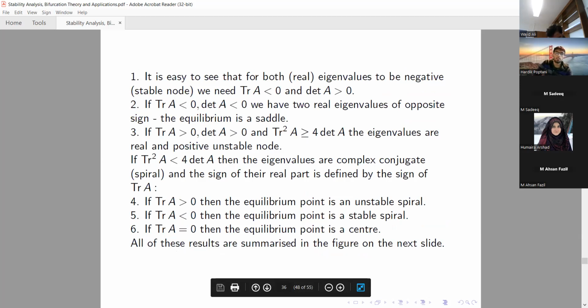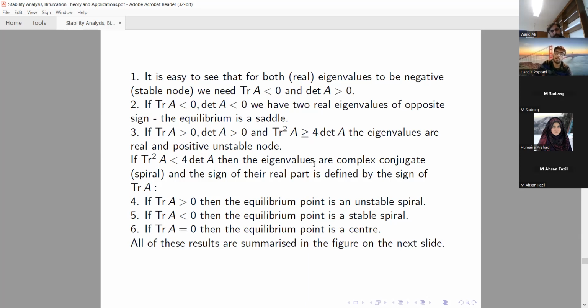So therefore, it is easy to see that both real eigenvalues are negative if trace is less than 0 and determinant greater than 0. If the determinant is less than 0, we have two eigenvalues of opposite sign. Equilibrium is a saddle. Oh, sorry, both are greater than 0, and we have a positive discriminant.